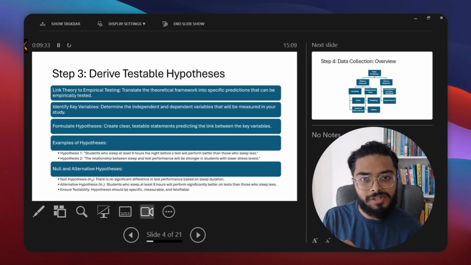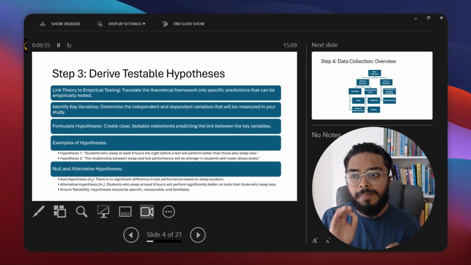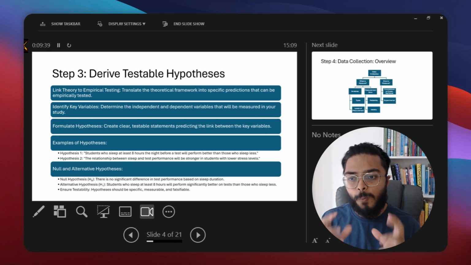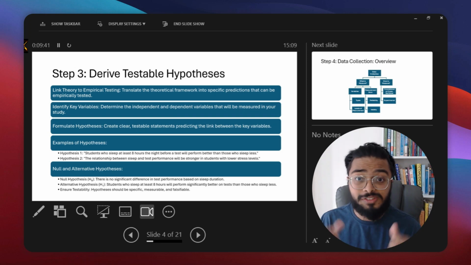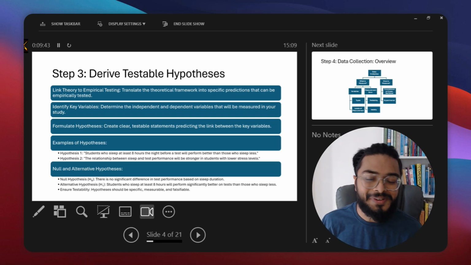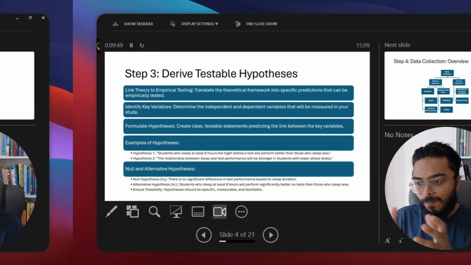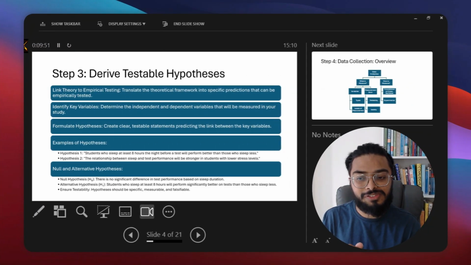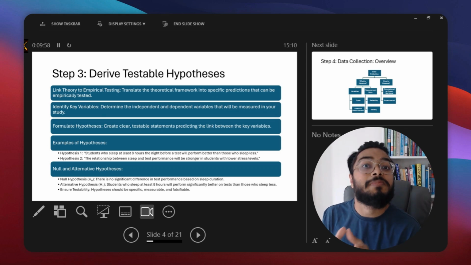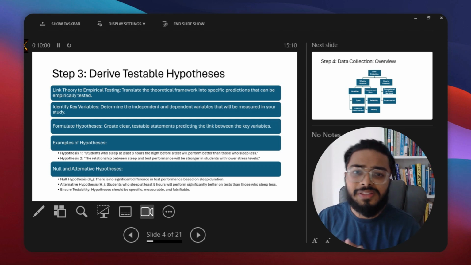Likewise, very similarly, when we are making some hypothesis, we are making some predictions, we are assuming that it is not true. Okay, what do you mean by that? So, for example, there is no significant difference in test performance based on sleep duration. So that's what we are assuming by default, and that there is no relationship.